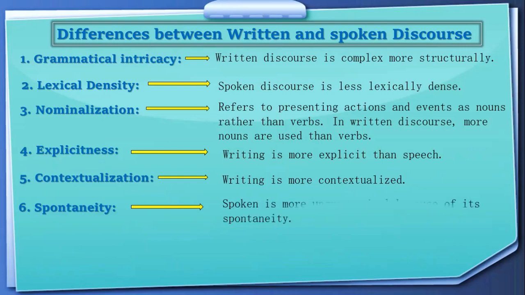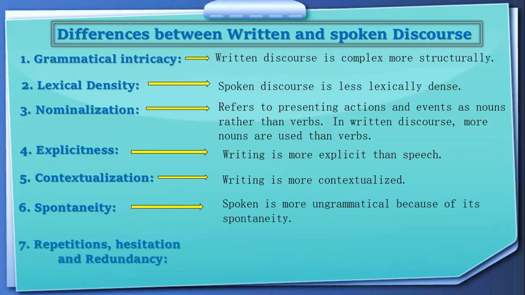Number six, spontaneity. Spoken discourse is more ungrammatical because of its spontaneity. Because we usually speak a lot, we don't know and we don't care about grammatical structures, or our sentences may be differently structured or ordered. Thus, we could say spoken discourse is more spontaneous and much more ungrammatical.